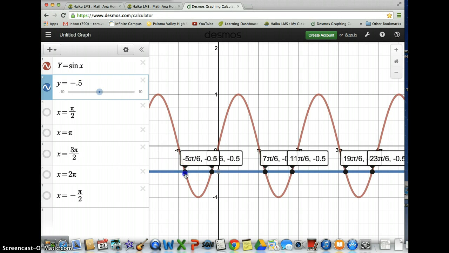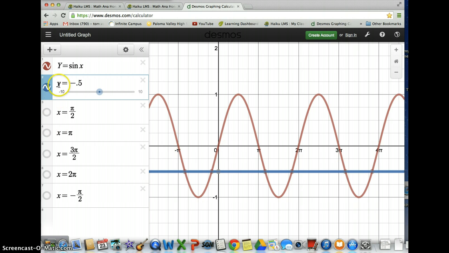I want to show you that on the Desmos graphing calculator. I have a sine wave here. This is the same one we just did. And then I put y equals negative 0.5. If you remember from the previous page, that's sine of x equals negative 0.5. Well, that's this line right here. Look where it's intersecting the sine wave.